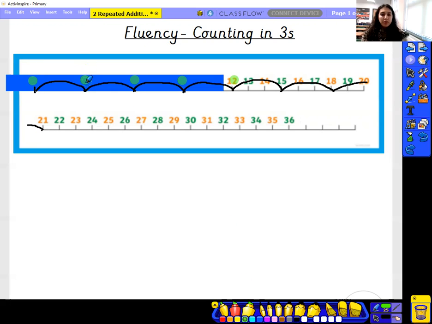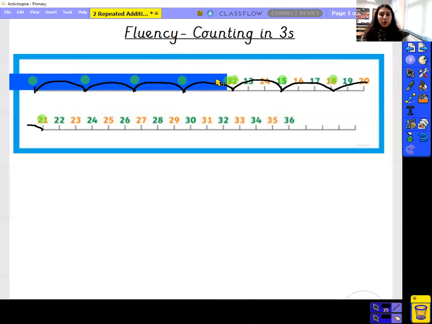So then that would look like this. 0, 3, 6, 9, 12, 15, 18, 21. So let's go backwards from here. 21, 18, 15, 12, 9, 6, 3, 0.